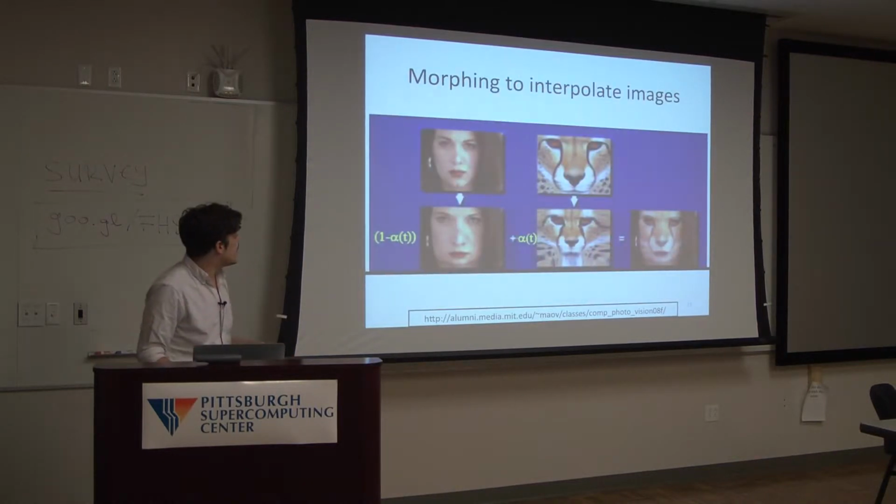But if instead you can map features to each other, such as, in this example, eyes and nose, then you can interpolate between these 2 images and get, I guess, a morphologically valid interpolant.